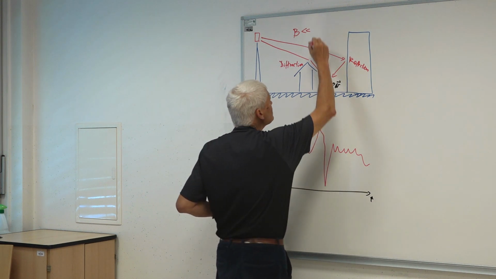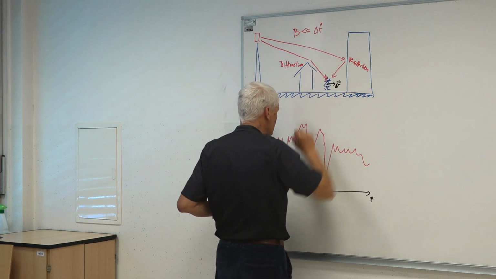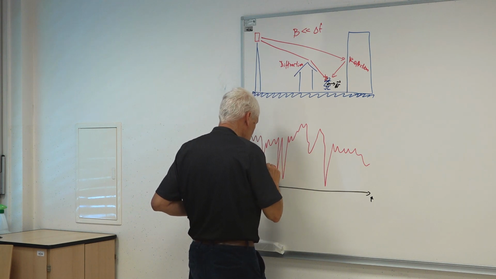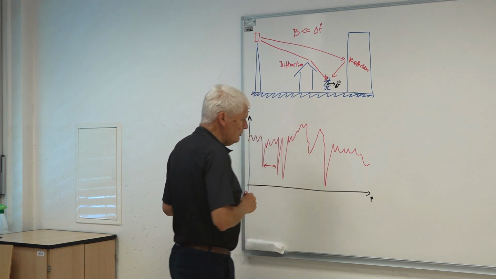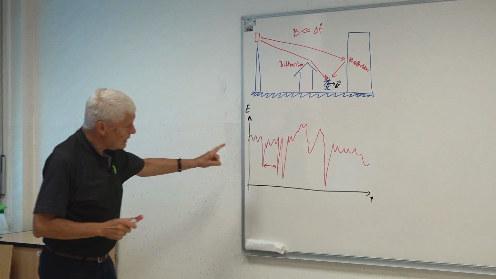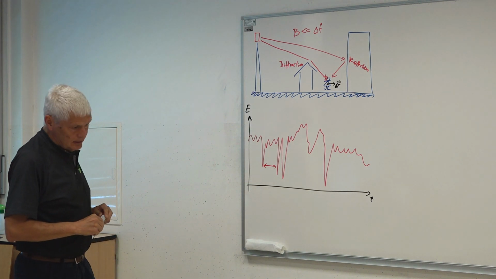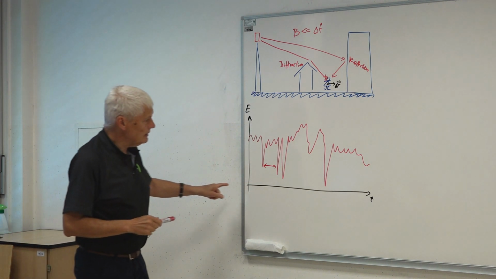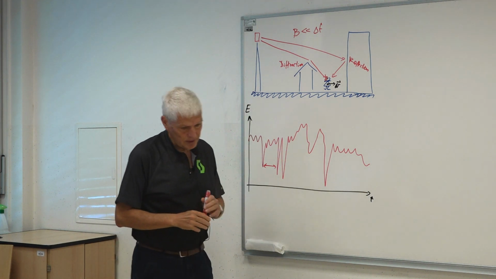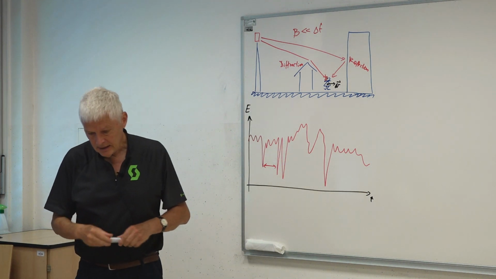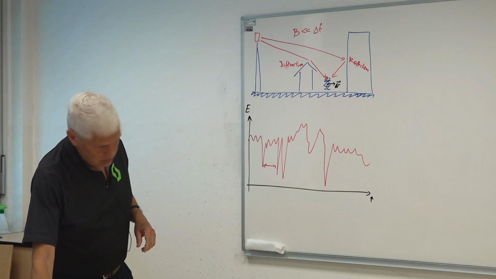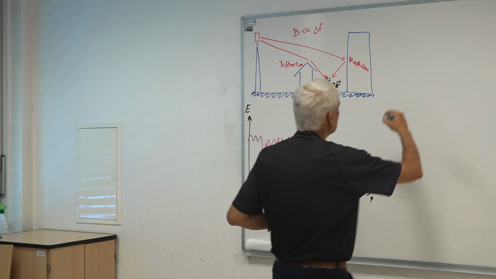So the fading effects may be this period of fading here. Better plotting this fading not as a function of time, but as a function of frequency. So at any particular instant, we are trying to plot the transfer function of our channel.